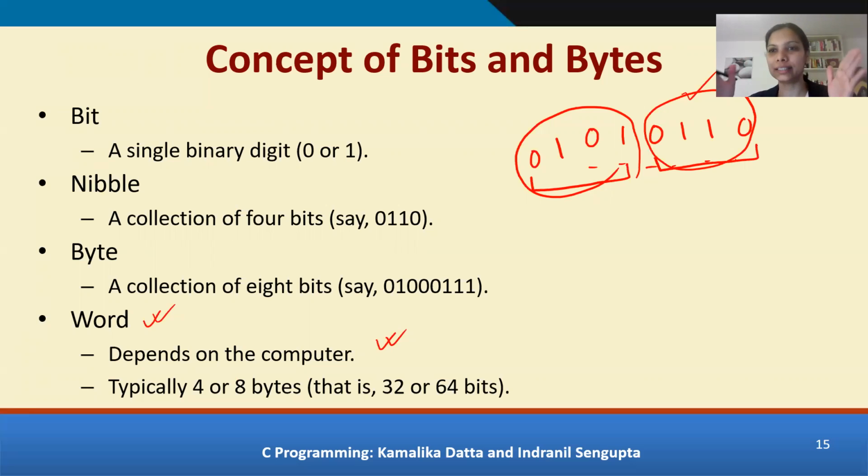So with the word size, you can access the entire 32 bits of data at one time. When you read from memory and bring it to the processor, you can directly access 32 or 64 bits. So it depends on the machine you are using. Okay. So this is the concept of bits and bytes. We will look into more details when we do some programs, and we will see how the output works.